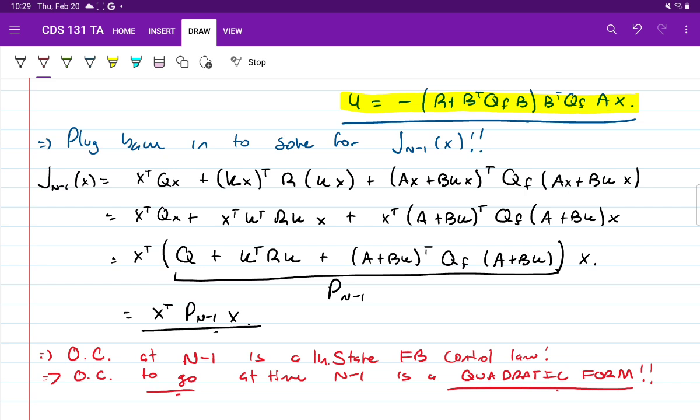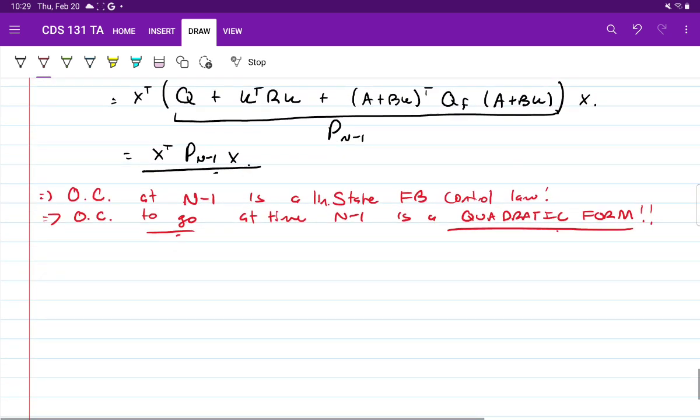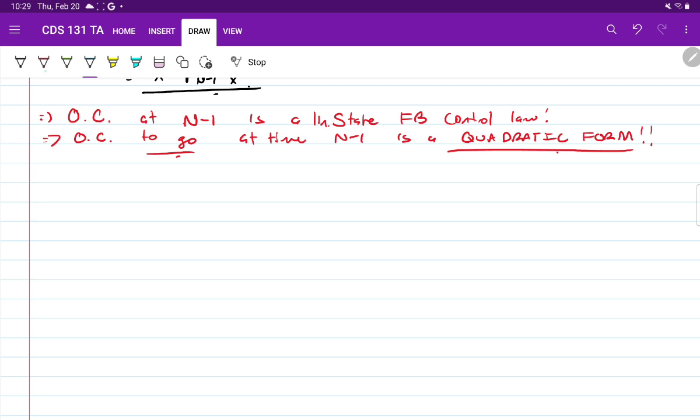So what I'm going to state now is a theorem that says this actually is true. And further, we're going to figure out an actual recurrence between these P matrices at every single step, okay? Turns out this is what gives us the solution to the LQR problem in this finite horizon case, okay? So let's state this as a theorem, which is the solution of the discrete time finite horizon LQR problem.